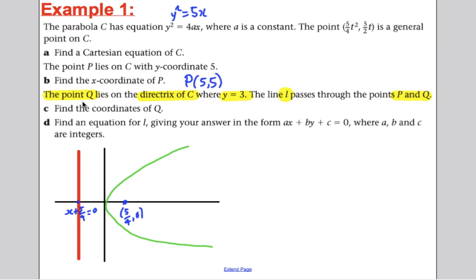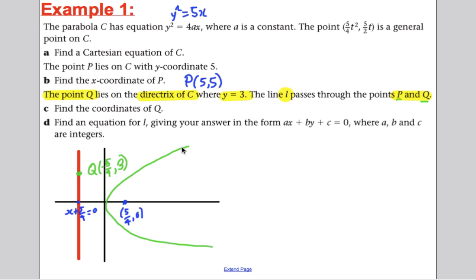Now I'm told the point Q lies on the directrix where y is 3. So Q is here, and Q has coordinates, well, x coordinate negative 5 over 4 and y coordinate 3. I'm also told that the line passes through the points P and Q. Now P from the previous part was (5, 5) and it was on the curve.